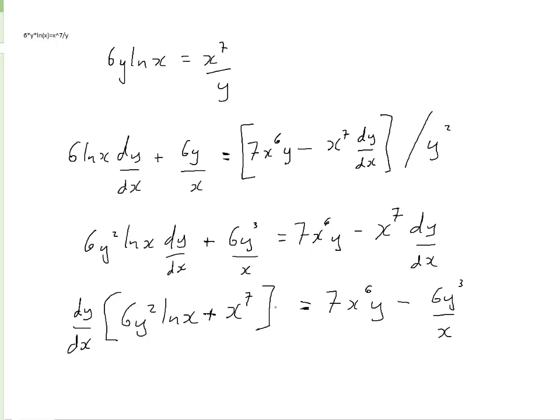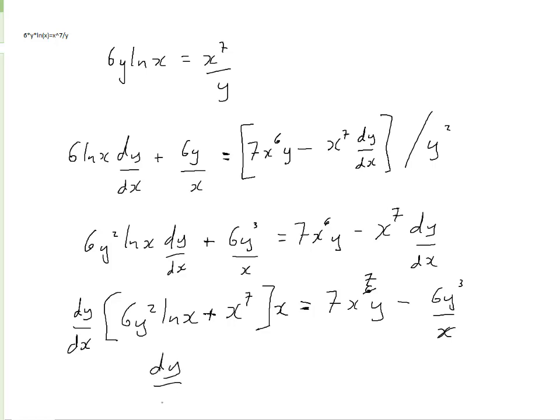So if I multiply by x here, multiply by x here, so it becomes x to the power 7, then that clears that. So 7x to the power 7 minus 6y cubed. This is all multiplied by x now.